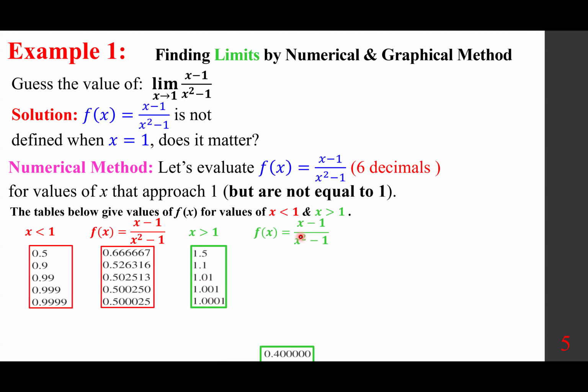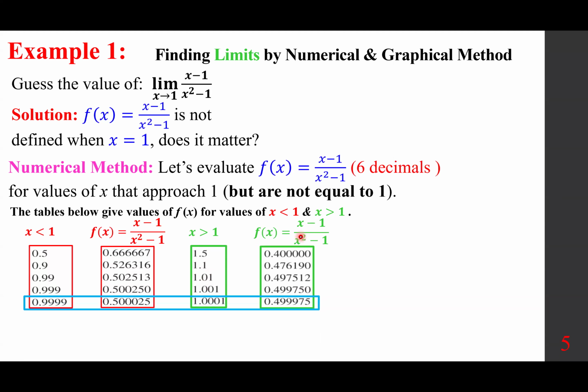You put it in, you evaluate it, you look at the last row. So this number gives us this one, this number gives us this one, and I hope you see from both sides clearly the table indicates the limit of x minus 1 over x squared minus 1 as x approaches 1 equals 0.5 or 1/2.